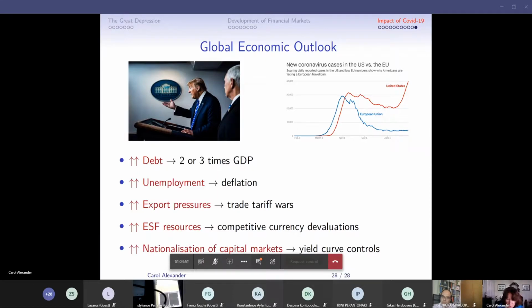But at the moment, what we're seeing is that even if interest rates go negative, so money market funds, 250 billion is flowing out of the money market, then something like the Exchange Stabilization Fund or a European equivalent will step in to provide that liquidity.